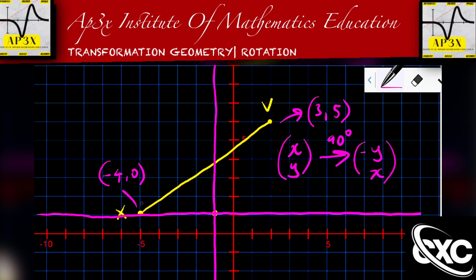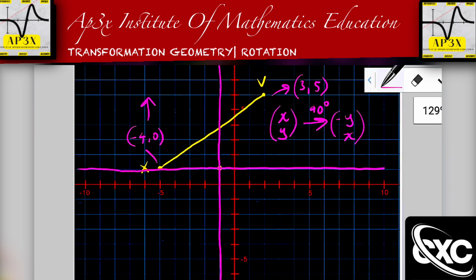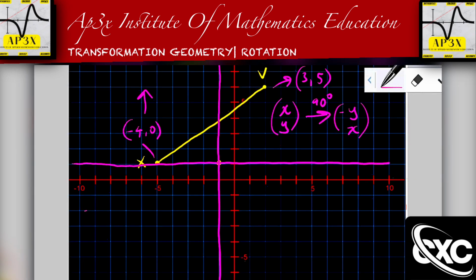So basically, (-4, 0) is going to flip. Let me just write this down here. So (-4, 0) is then going to flip and become (0, -4). Remember that when the 0 goes up, it's going to change, but 0 is neutral, so we don't have negative 0, but the minus 4 comes down and remains the same.